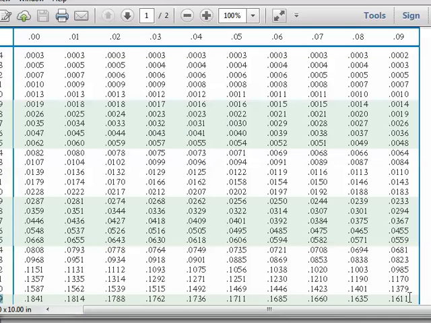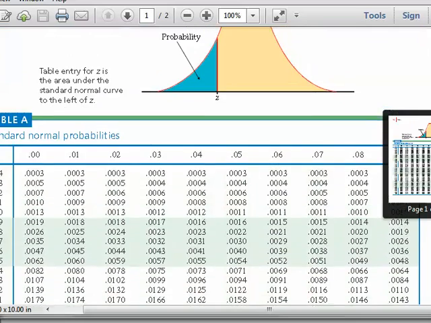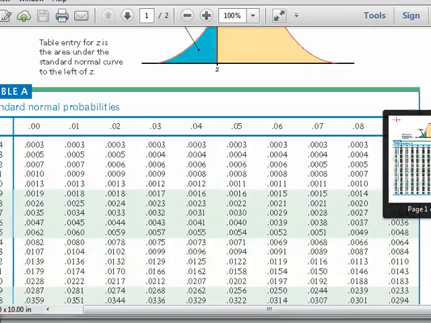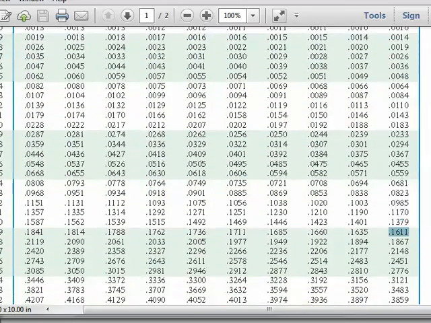Negative 0.99 results in a percentage of 0.1611. Remember, as the picture up top reminds you, that is the percentage of values that fall below that number, and we're going to calculate the percentage that fall above that number.